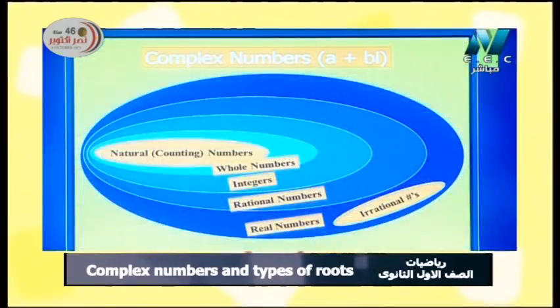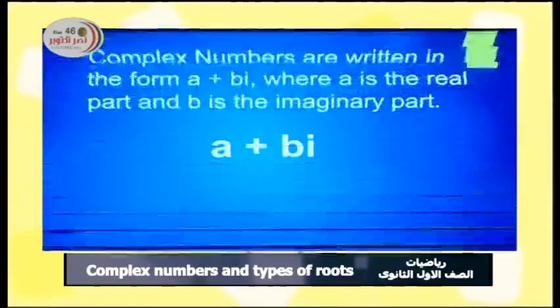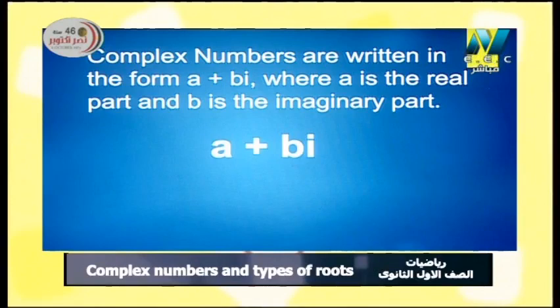Okay, we know that complex numbers contain all these numbers: natural, whole numbers, integers, rational, real numbers, and irrational numbers. Complex numbers are written in the form of a plus bi, where a is the real part and b is the imaginary part.